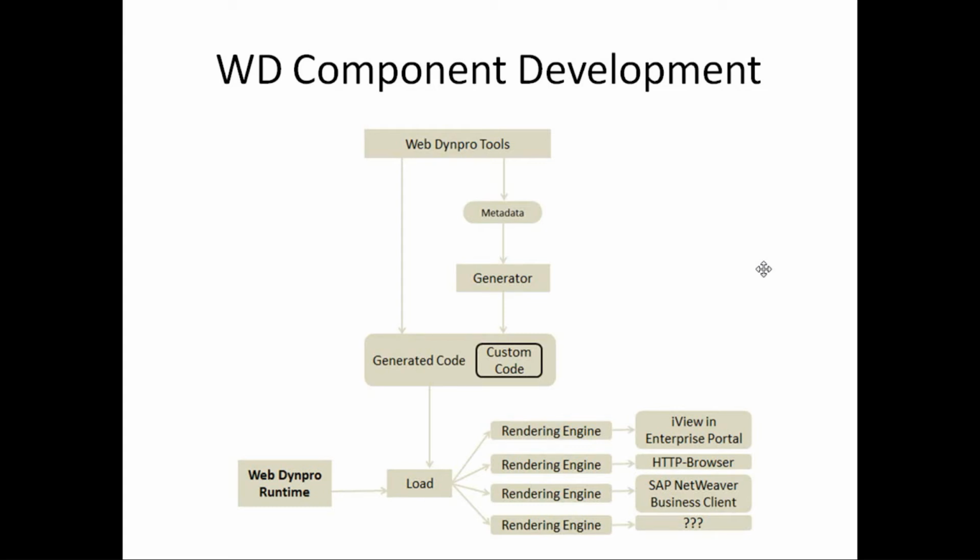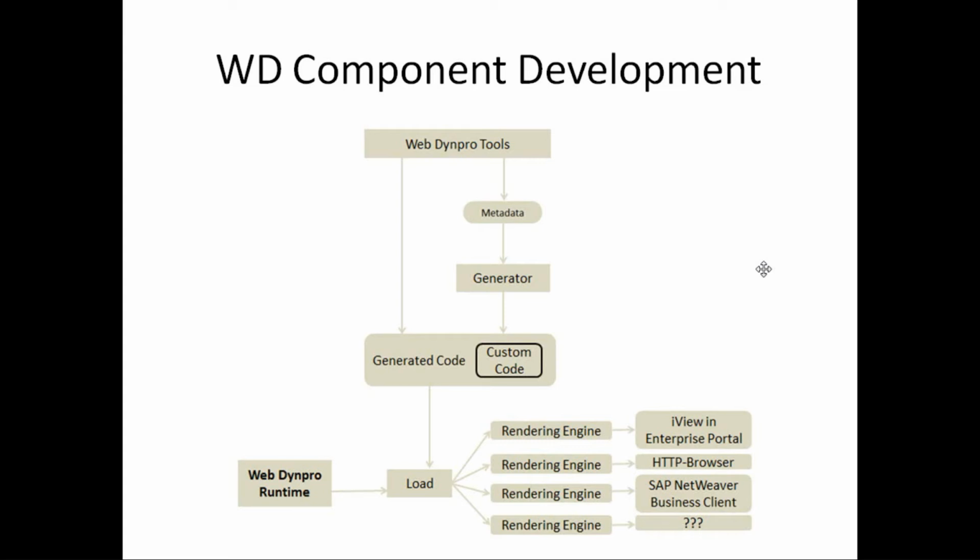And this Web Dynpro, at runtime, can be loaded in a different rendering engine. The rendering engine here is nothing but the platform or the window which provides the path for access to the Web Dynpro web-based application.